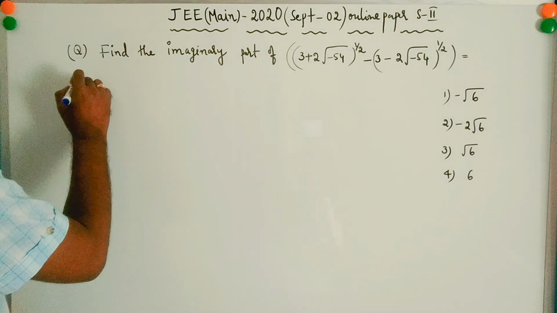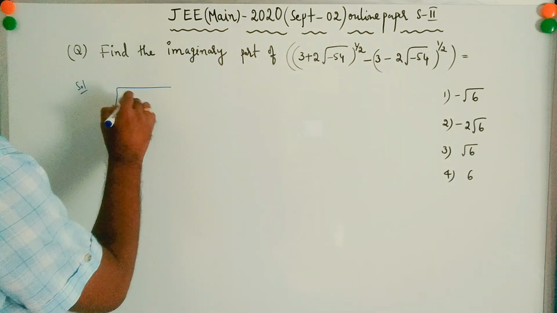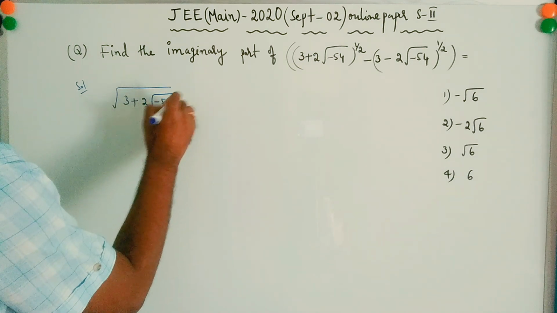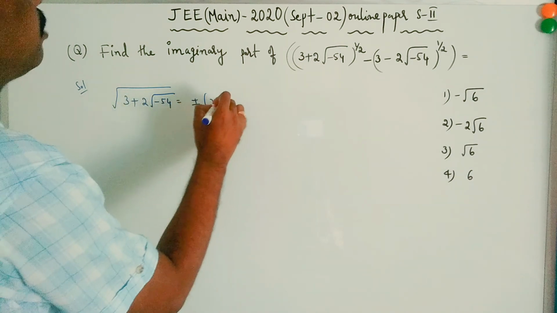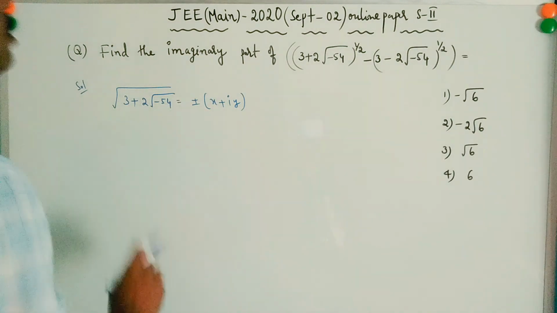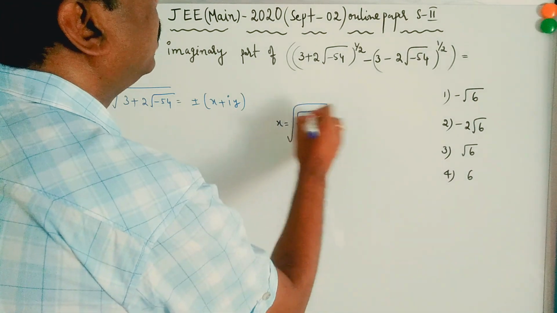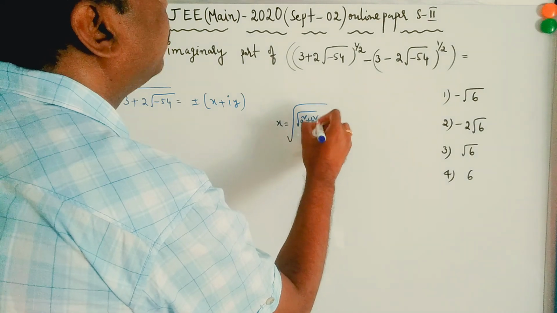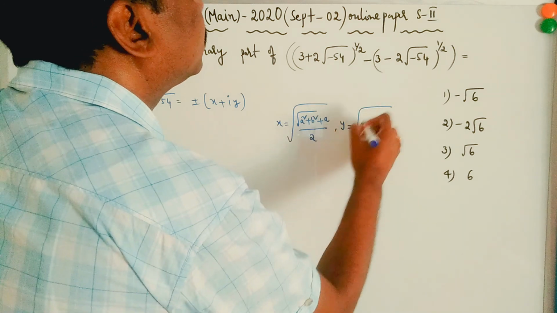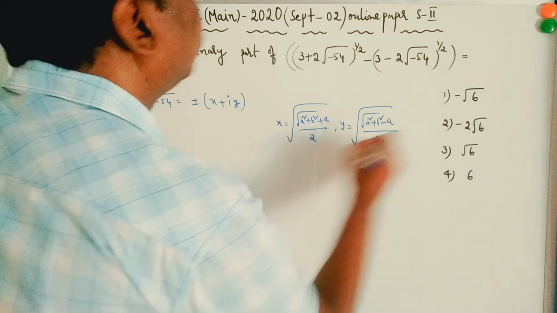Okay, now we first find the square root of this one. √(3 + 2√-54) = ±(x + iy), where x = √((√(a² + b²) + a)/2) and y = √((√(a² + b²) - a)/2).